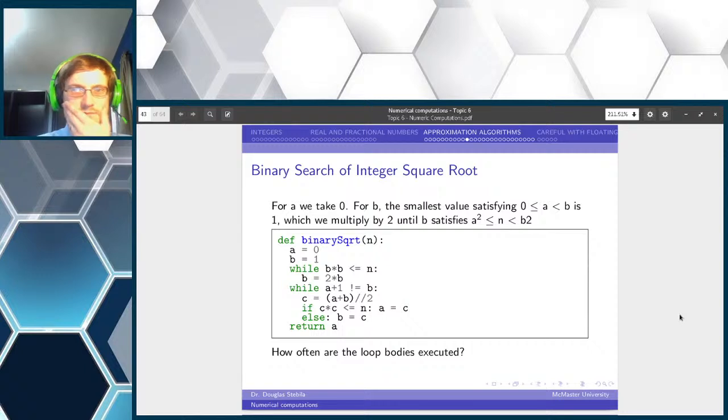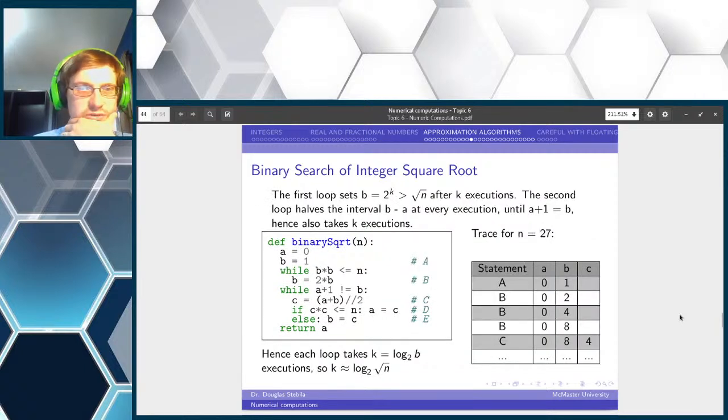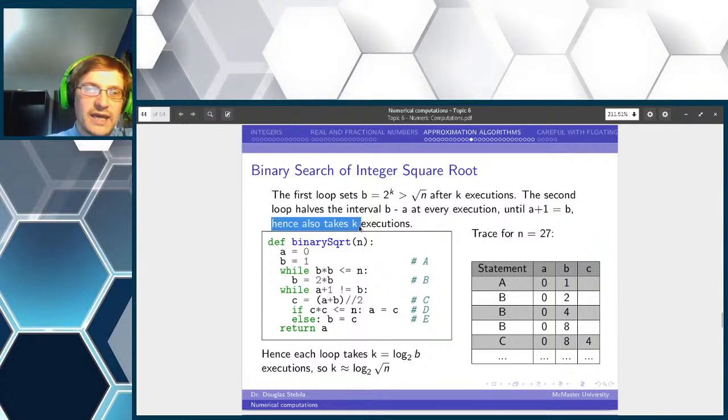So, yes. Gonna just go through that. So, the first loop sets B equal to 2 to the k, which is greater than the square root of n after k executions. The second loop halves the interval b minus a at every execution until a plus 1 is equal to b. Hence, it also takes k executions.